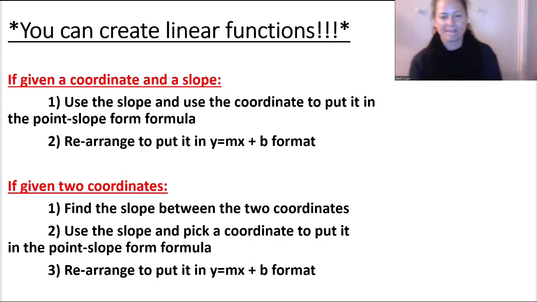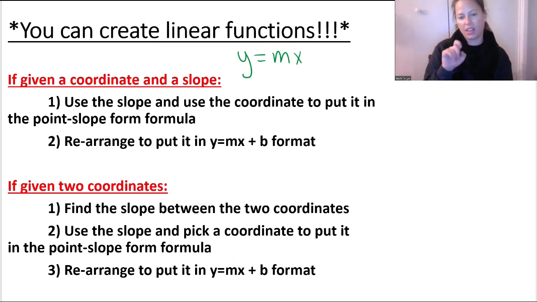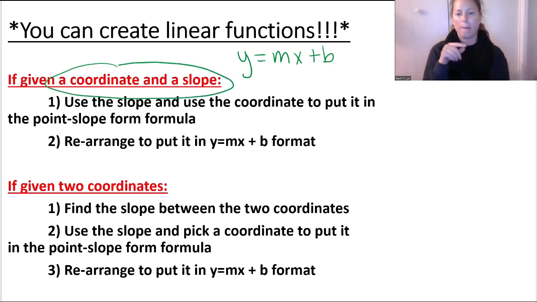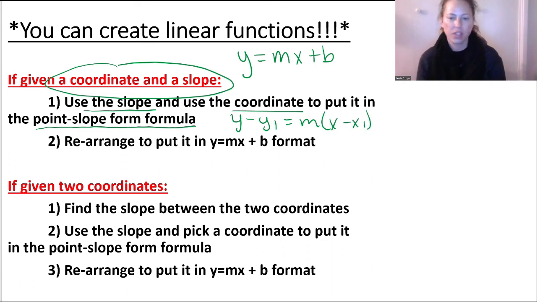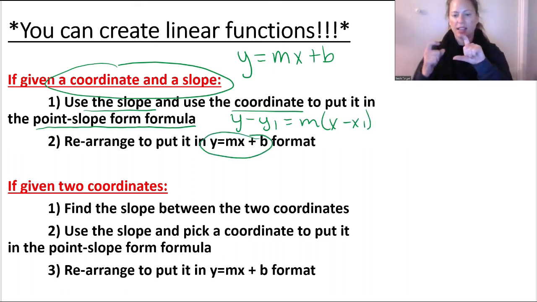All right, so you can create linear functions in the standard format of a line, y equals mx plus b. Okay, if we give you a coordinate and a slope, use the slope and the coordinate and put it in the point slope formula. That's y minus y1 equals m times x minus x1. And just solve it to simplify it to turn it into y equals mx plus b.